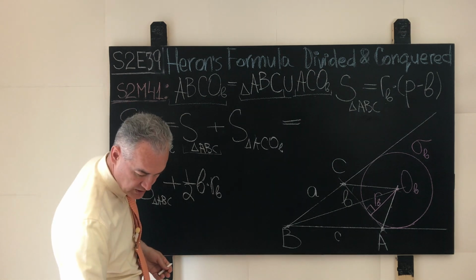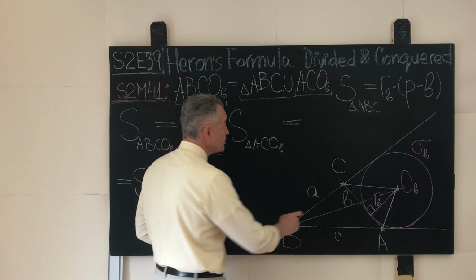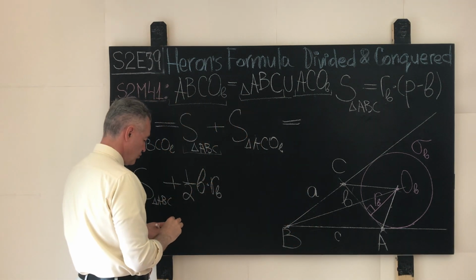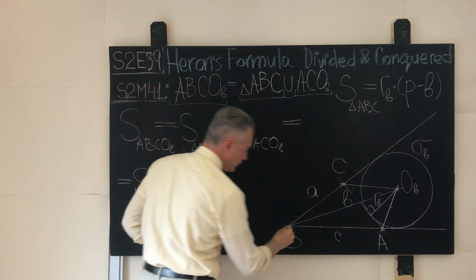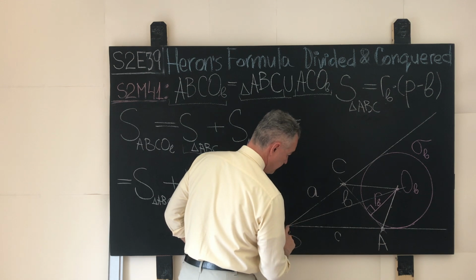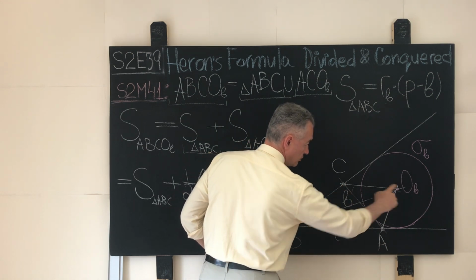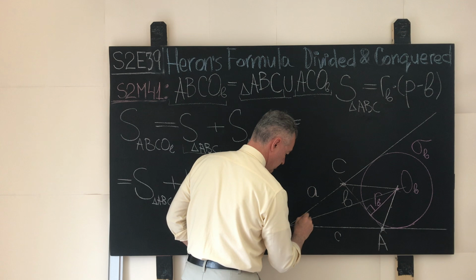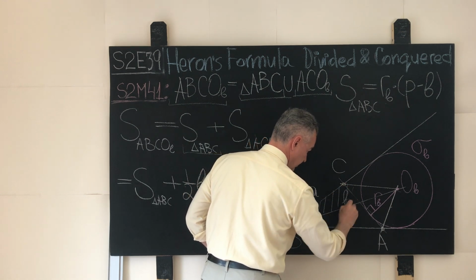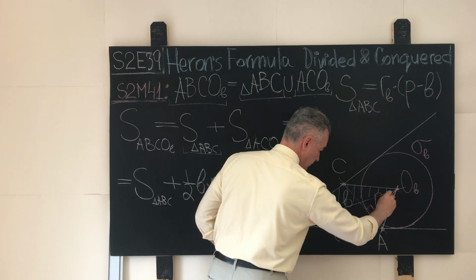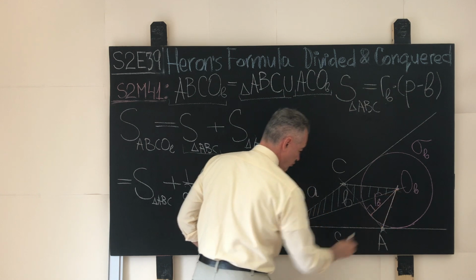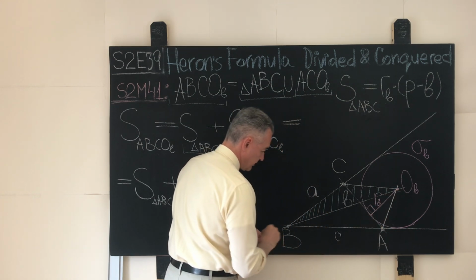And now, what will we have? Let me grab green and blue. Now we partition that quadrilateral as a union of the triangle BCOB, this triangle, I'll hatch it in blue, and the triangle BAOB, this one, I'll hatch it in green.